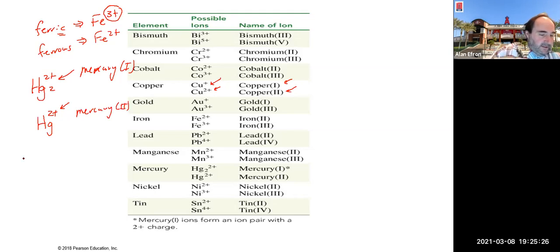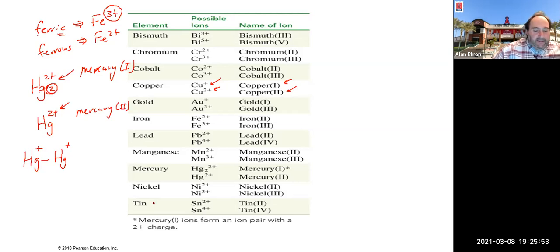That's because really the first one is two +1s together. How do you know the difference between the two? The mercury 1 will have that extra 2 on the bottom when you look at the formula. So if you see that extra 2, in most cases it is going to be the mercury 1 ion. So that's a weird one to keep in mind.